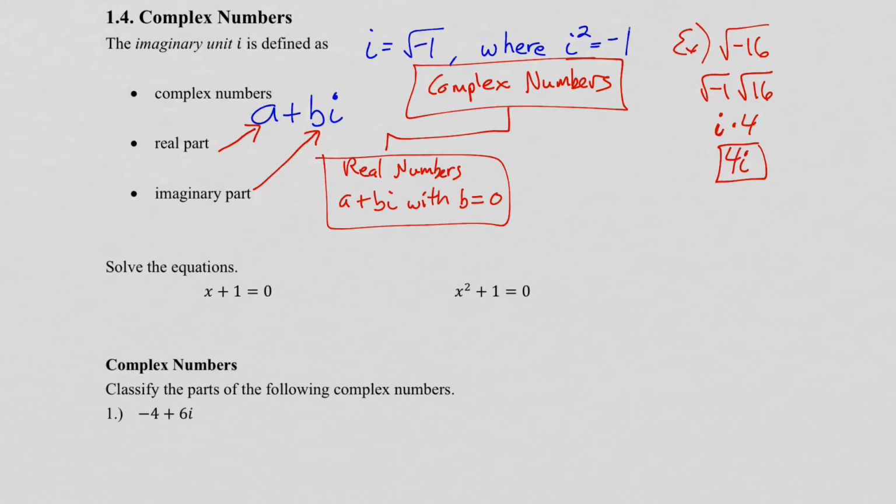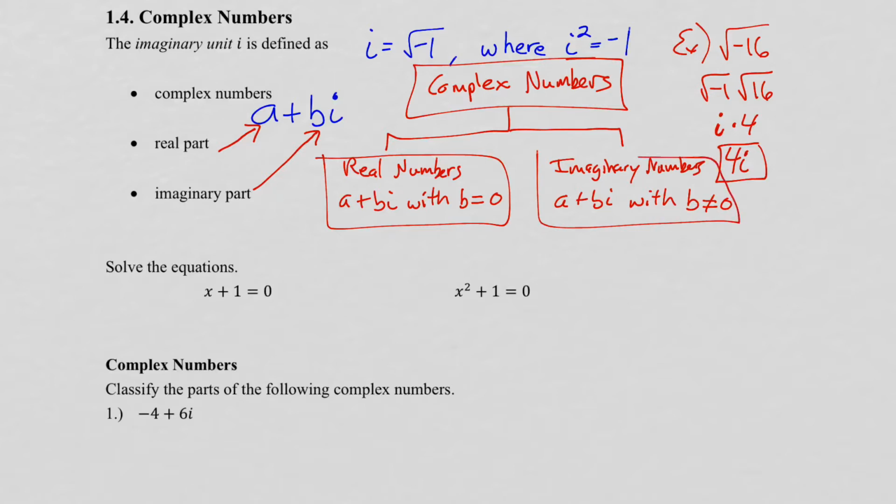And then imaginary numbers has a plus bi with some number for b, so it does not equal 0. It could be 5i or 4i or -10i or whatever.